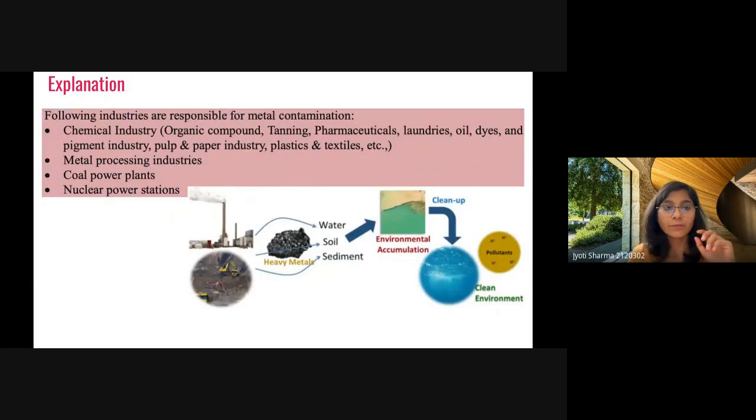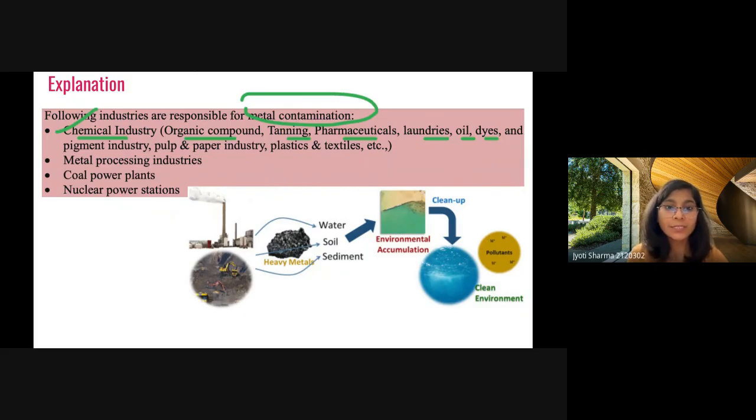So here we also have some explanation. If you are talking about the chemical industries, so organic compound, tanning, pharmaceutical, laundries, oil, dyes, pigment. So these are what we are getting from the chemical industry. Because we are talking about the metal contamination, we can get it from chemical industries.